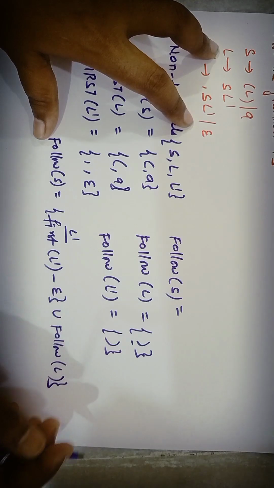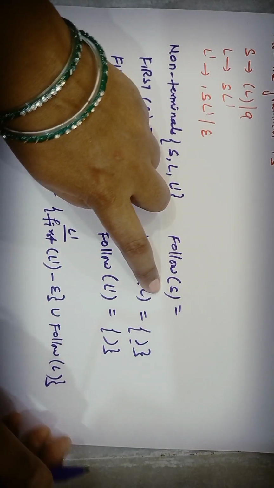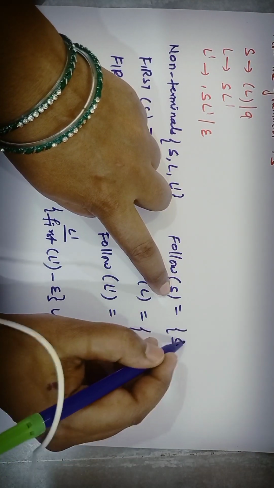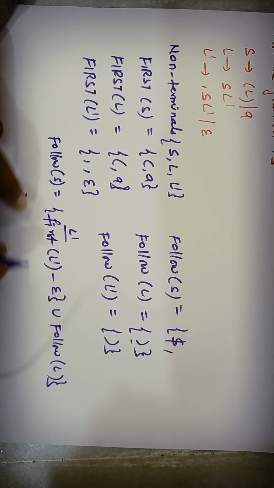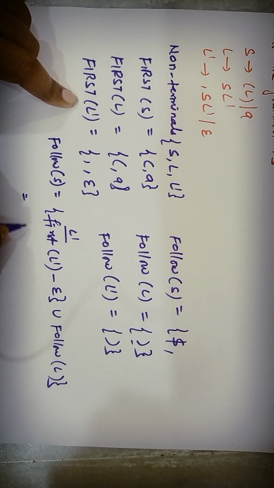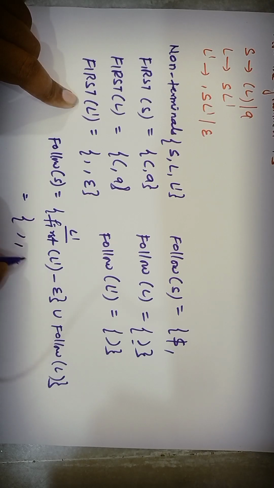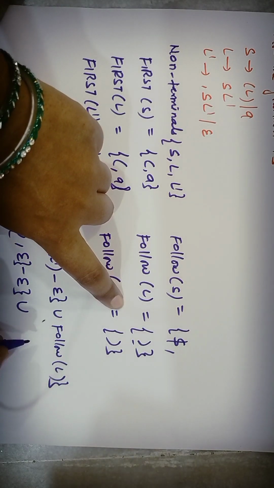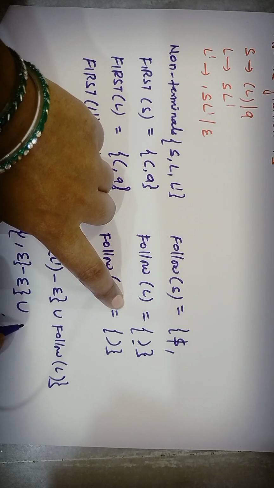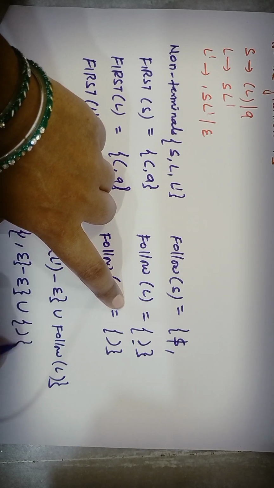So follow of L becomes what? Closed parenthesis, then write it as... Next, follow of S. Actually it is the starting symbol, so first write down the dollar, then calculate like this. So first of L dash, what is the first of L dash here? Comma, epsilon minus epsilon, union follow of L. So what is follow of L here? Closed parenthesis.